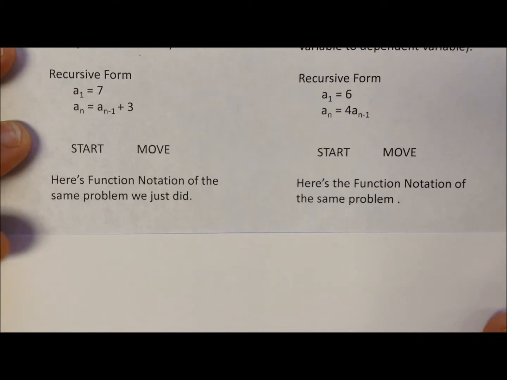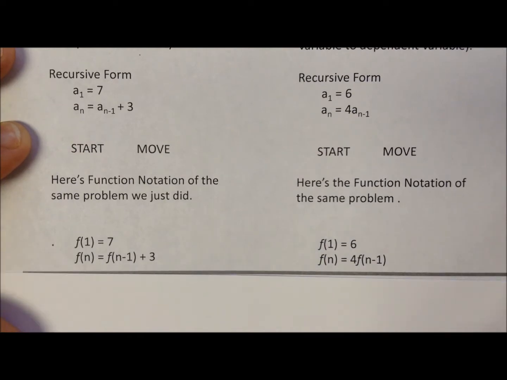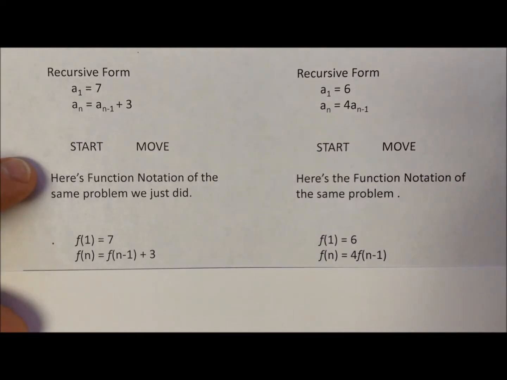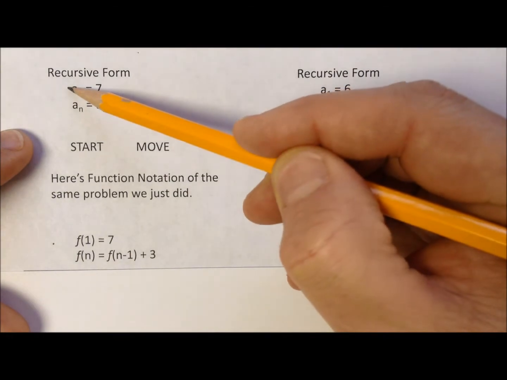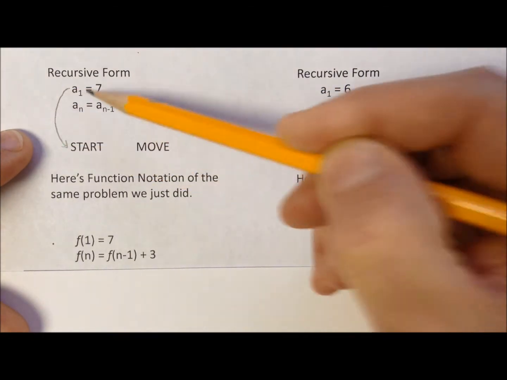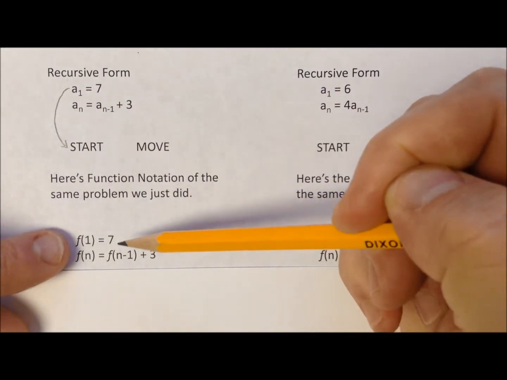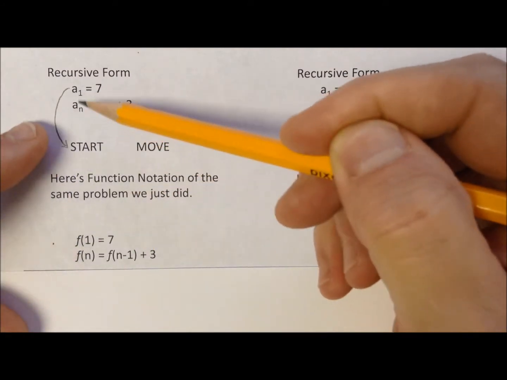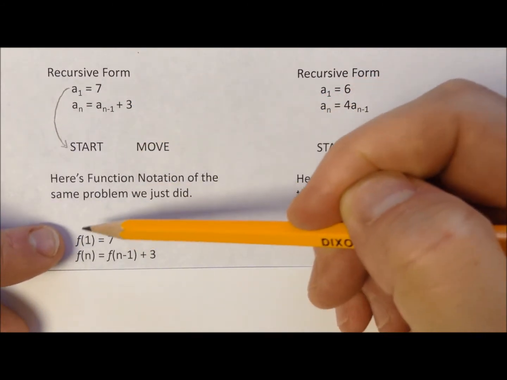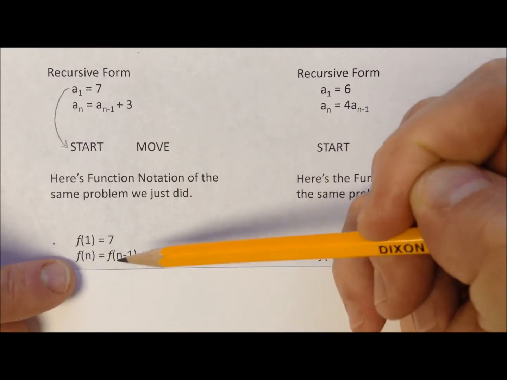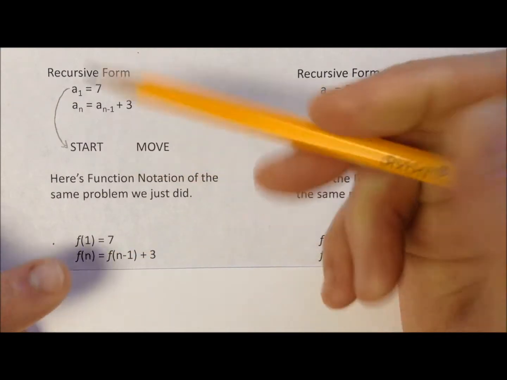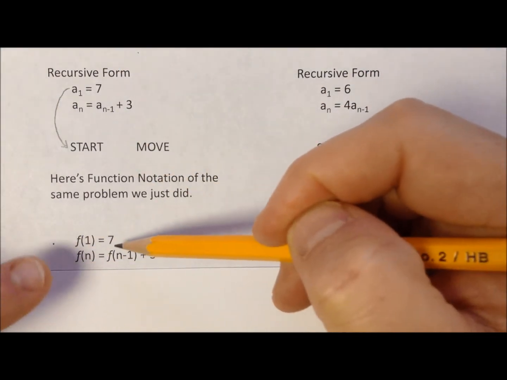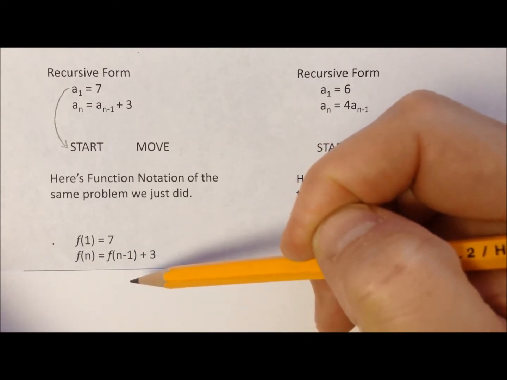All right, let's see if there's anything really major here. Well, do I have a start equation? Well, I know that this guy is my start equation. I start at 1, 7. If I look over here at function notation, you notice they've taken away our subscripts, and they've given us the little italicized F for function notation. If I take a look at this, can I still see a starting position?